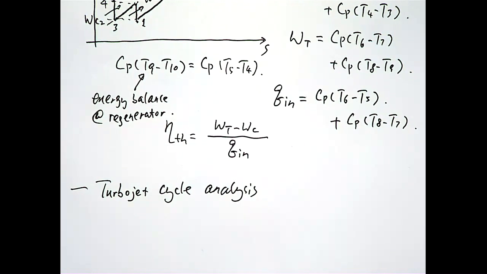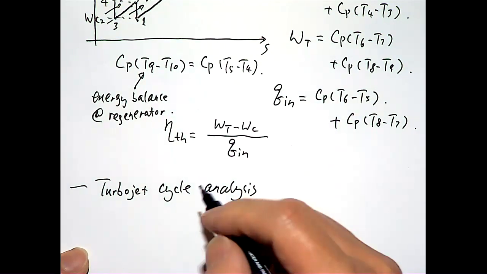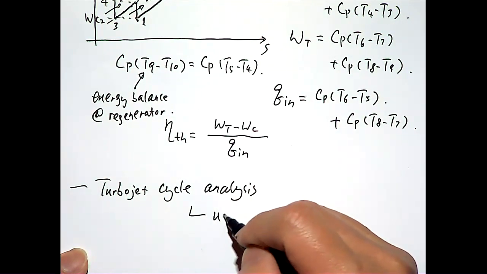In reality, the turbofan, which you can consider somewhere between the turbojet and the Brayton cycle, produces partially shaft work and partially thrust. Right? So the useful output here.